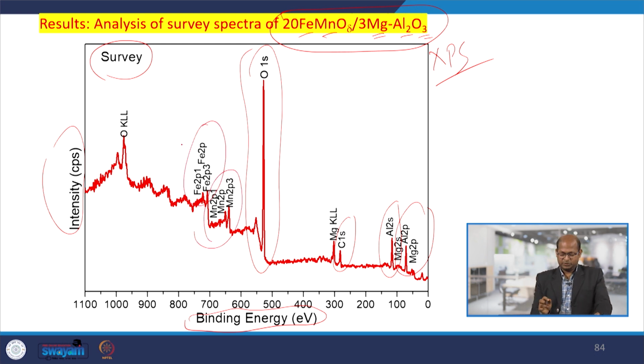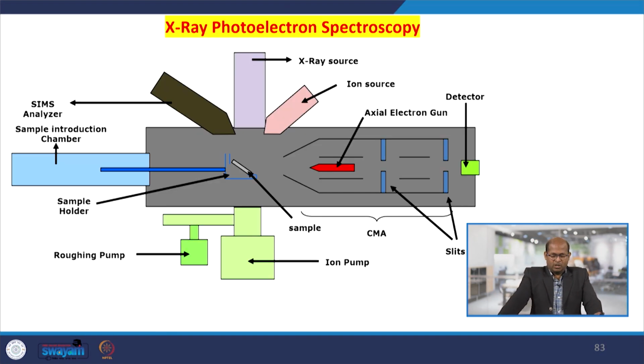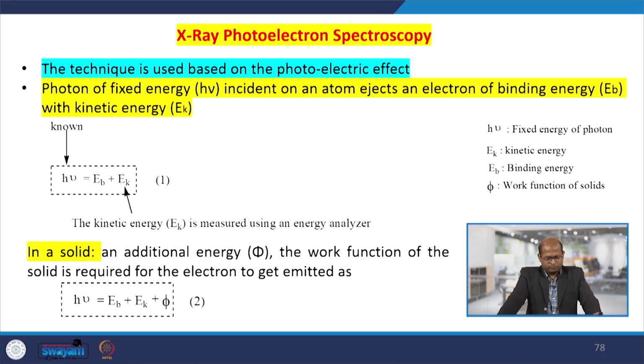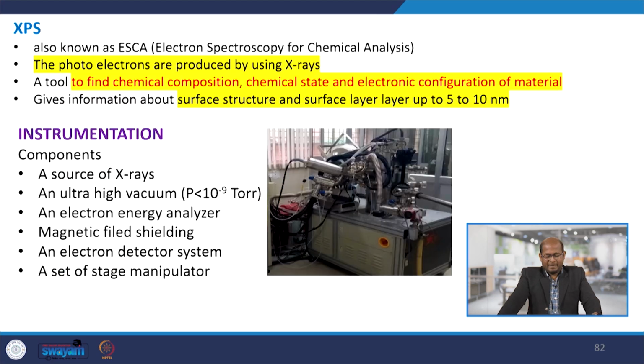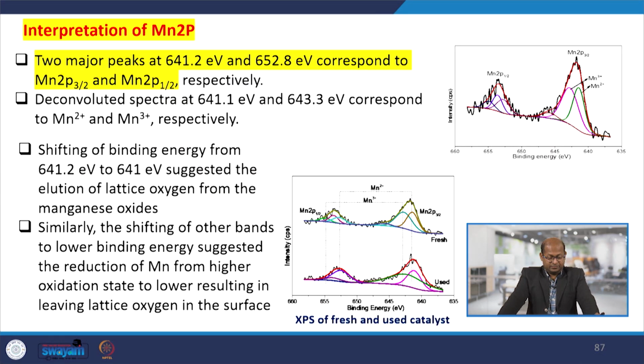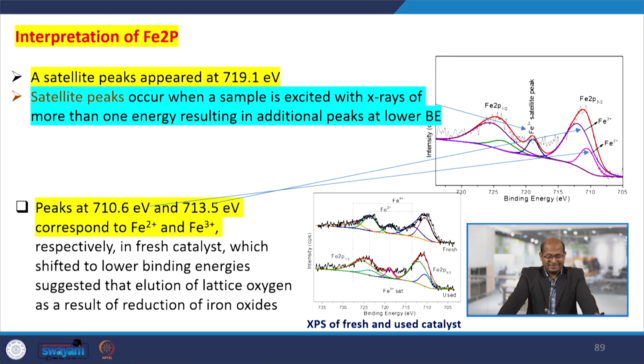So if we know the individual range of binding energy and analyze, and compare one sample to another, we can easily quantify or identify what components and states are present in the material.